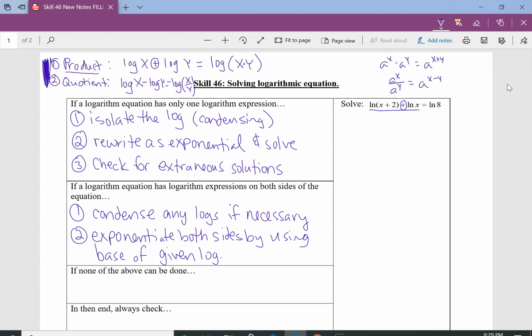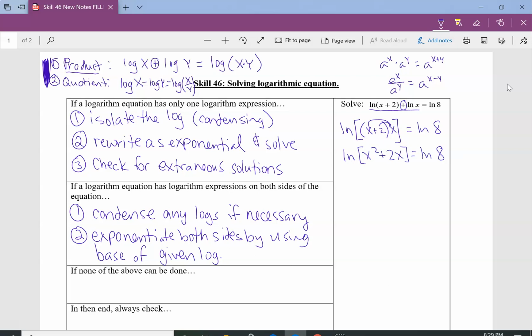So I'm going to multiply my arguments. So I'm going to condense this to the natural log of x plus 2 times x, which thus gives us, if I distribute this out, x squared plus 2x.